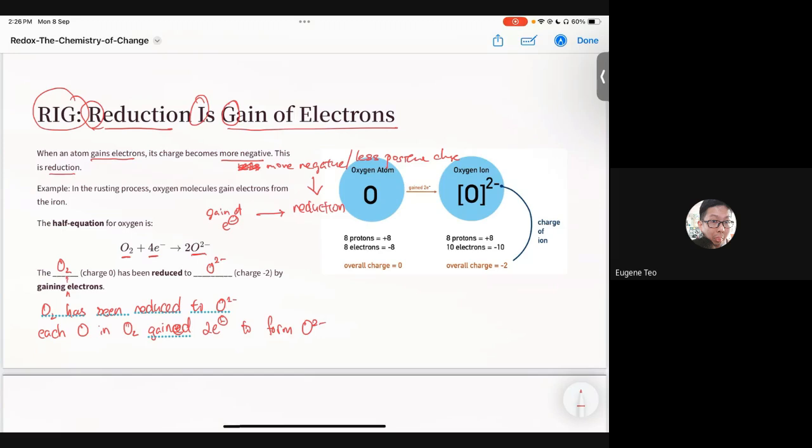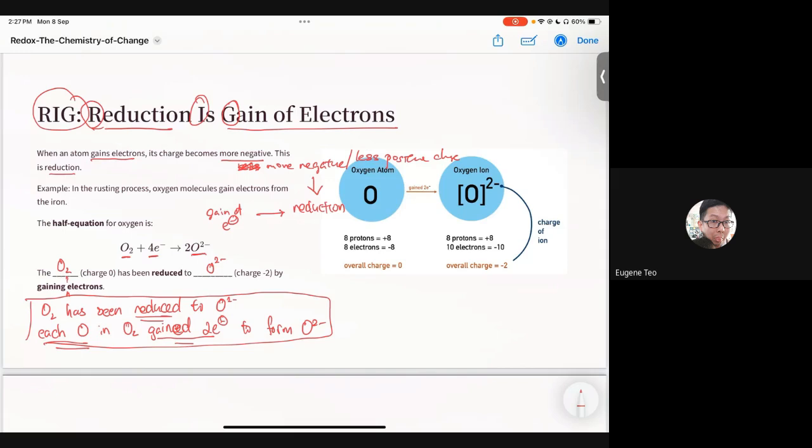So I will be quite specific. I'll highlight that it is each of the O in the O2. Because if you say O gains 2 electrons, or if you write O2 gains 4 electrons, then how is the electron split? How specific can you get there? So I'd rather you take note of this one over here. The first sentence is important because it's telling me what is reduced. The second sentence is important because you tell me how many electrons are being transferred, or how many electrons are being gained for the reduction to occur.